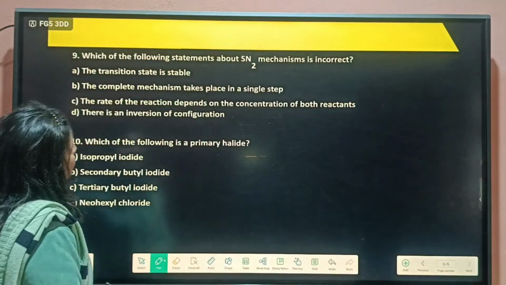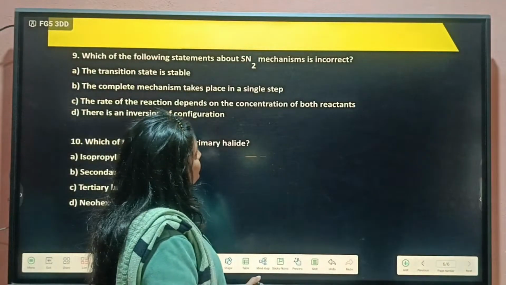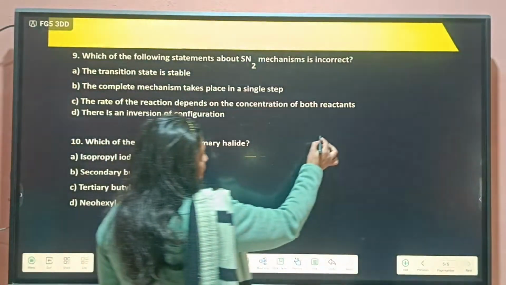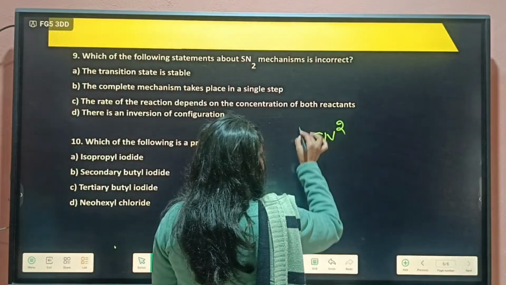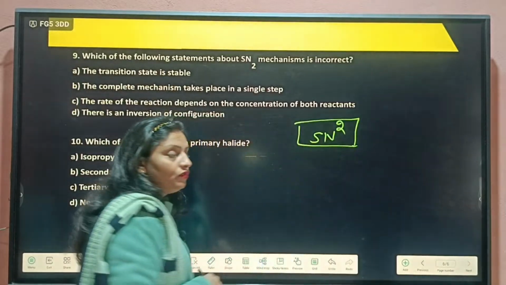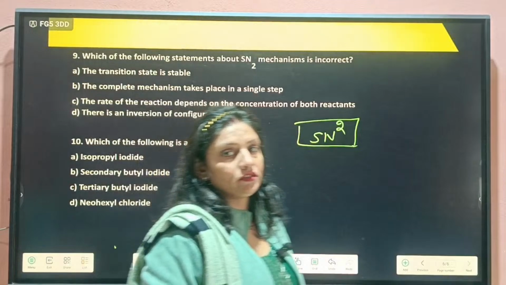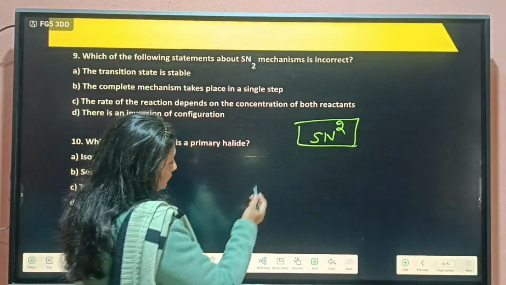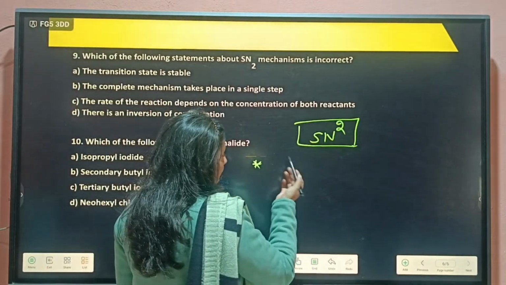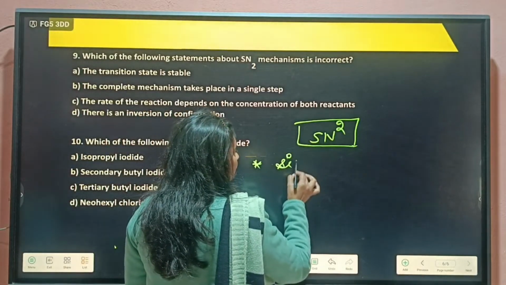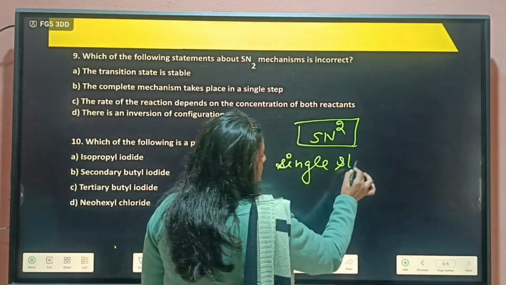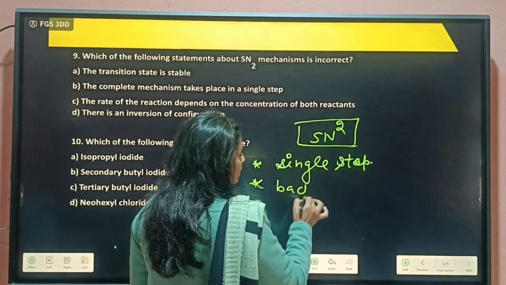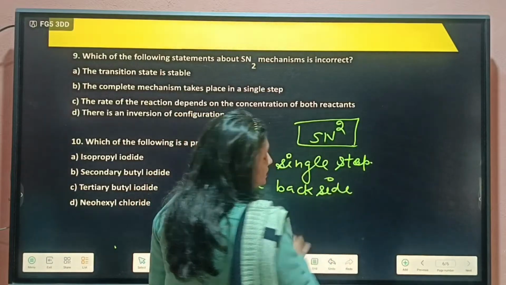Next one is, which of the following statements about the SN2 mechanism is correct? What are the main points of the SN2 mechanism? First, it takes place in a single step only. Backside attack will take place.